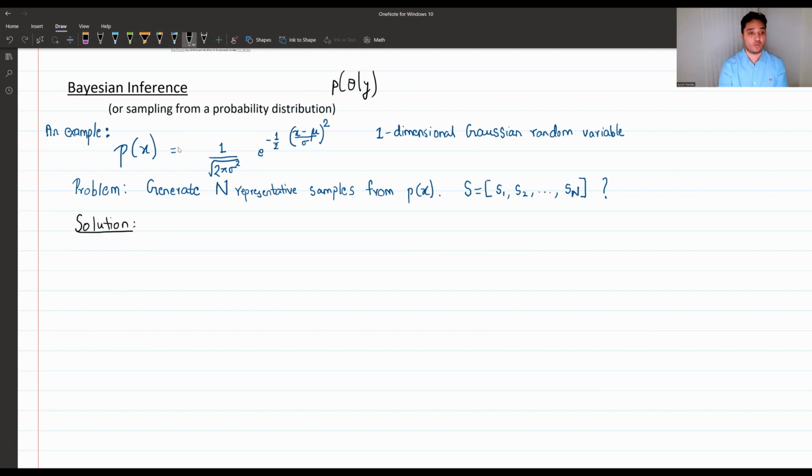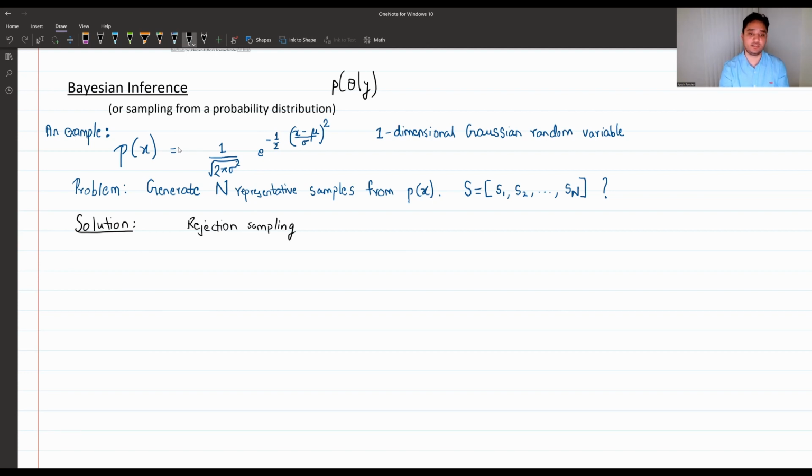So one obvious way in which we can address this problem is by something that's called rejection sampling. And you can also think of this as random sampling.